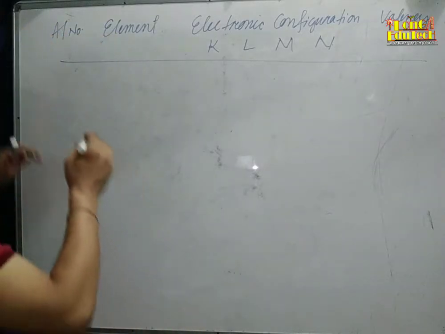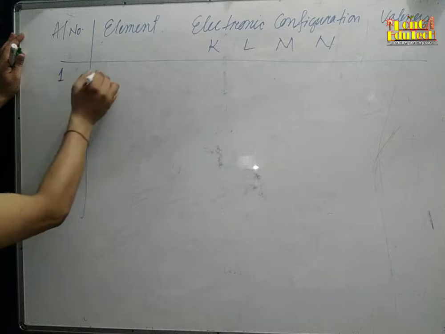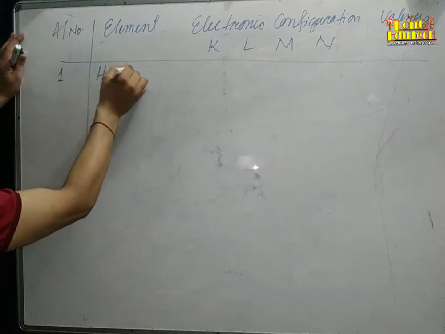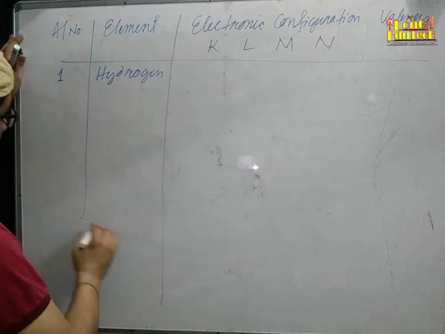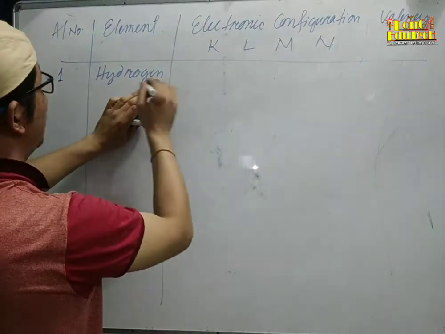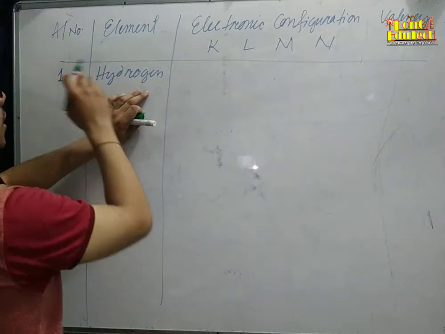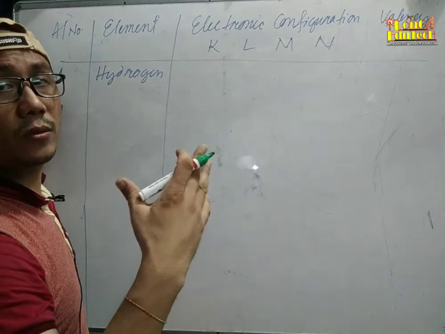So the first element here, atomic number 1, is hydrogen. I will not write all the names, I can just write the symbols, because they are already given here. Hydrogen has atomic number 1, and the atomic number is the number of electrons, I told you it is equal, right?